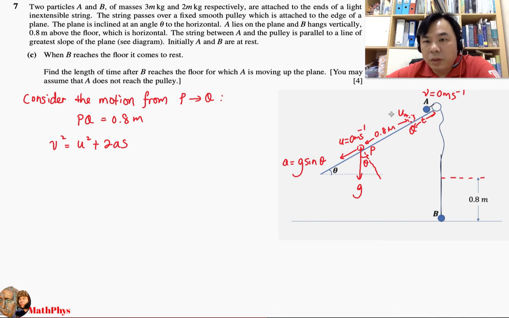Now, our final velocity is here. I will write down V_A squared because this is our final. And then our initial here was 0 initially. Okay, initial was 0. And then acceleration is given by g sine theta, and then distance moved is 0.8.